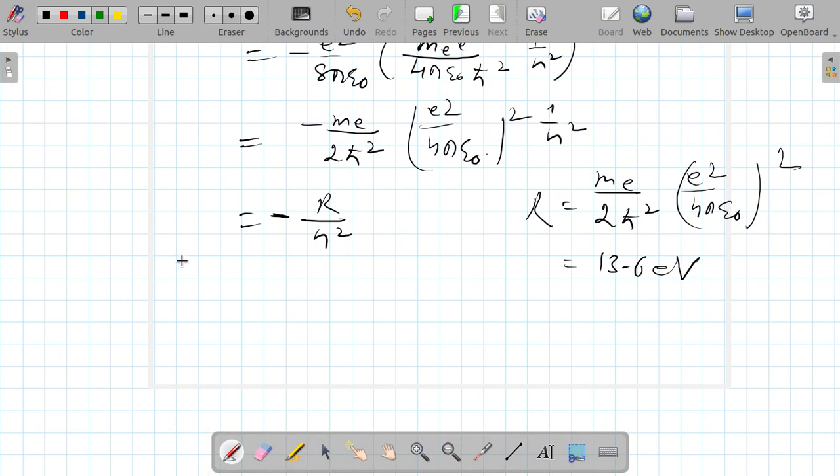This is the Rydberg constant, and it is derived using Bohr's postulates. Now let us try to explain the spectrum of hydrogen atom.